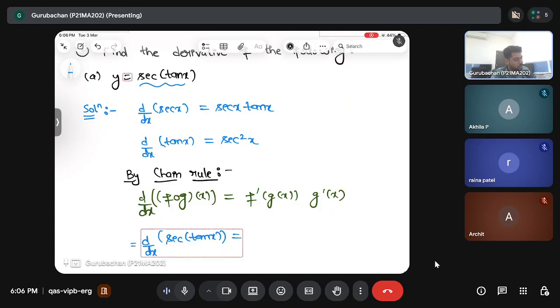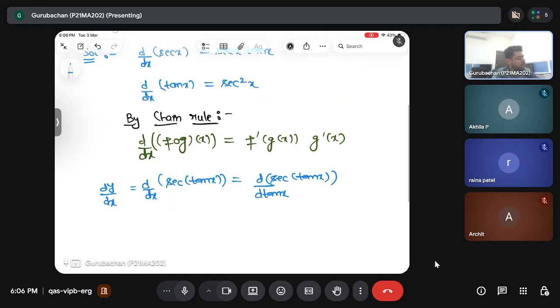Let us follow it exactly as we have written in the above line. We do the derivative of f with respect to g of x, that is, d of secant of 10x with respect to 10x, and the next one will be d of 10x divided by d of x.